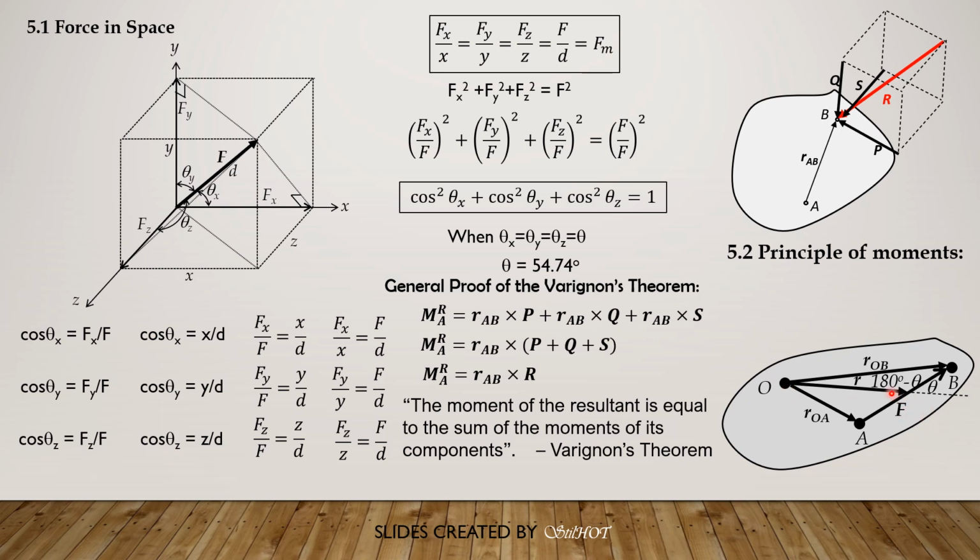So if this is the extension of R, and R and F form an angle of theta, then this other angle is 180 degrees minus theta. So this is the moment of the force, that's the sense.